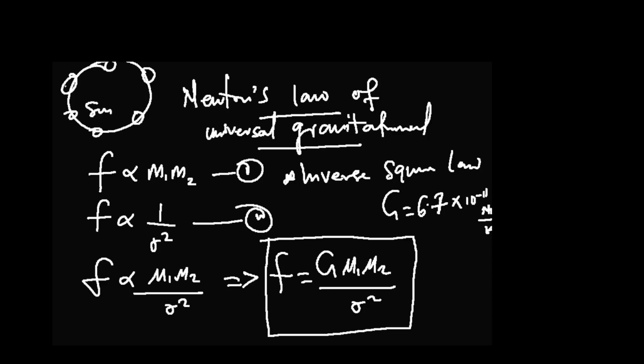Because this one moves, it attracts this one to move. And this one is moving, attracting this. That is how they continue moving like that. But the question now is, why is this force not affecting me and you?